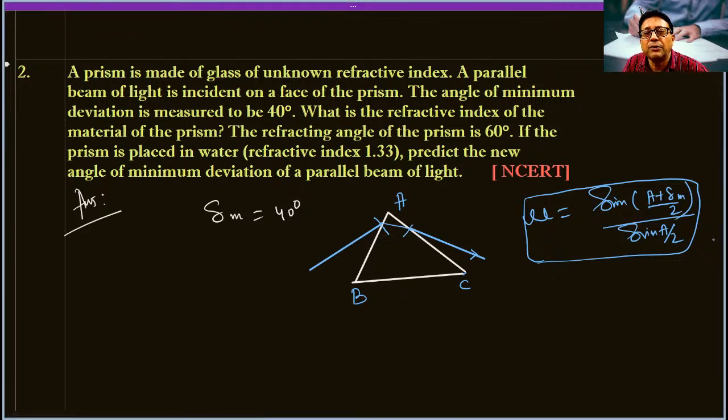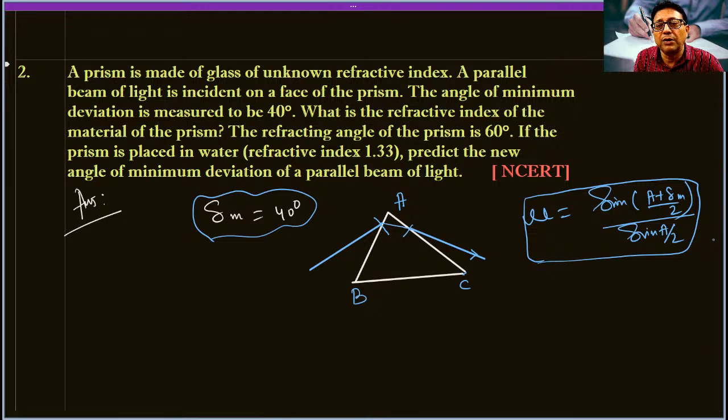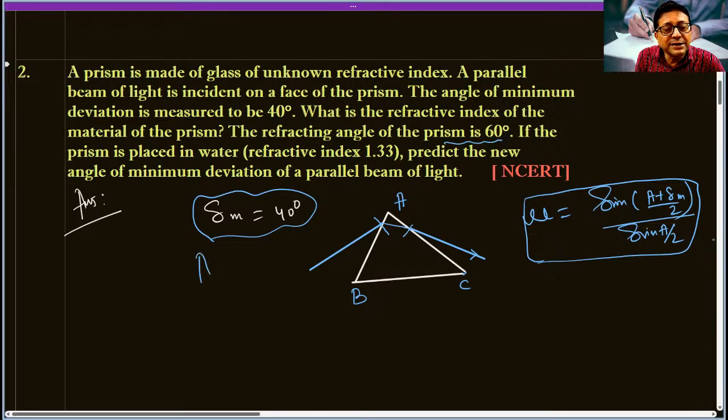You have to find the value of mu. It is given angle of minimum deviation delta m is 40 degree. So use this relation directly because angle of prism is also given, that is 60 degree. So mu will be what?